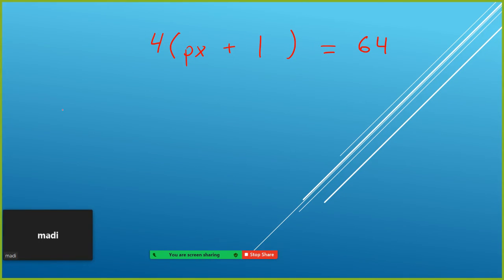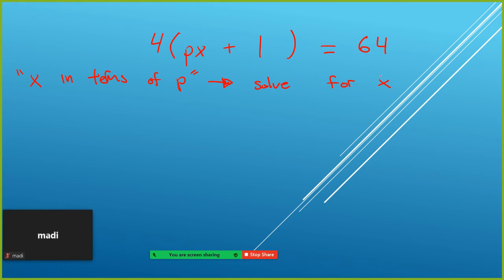Okay, thank you. So what they mean by the value of x in terms of p is solve for x. I'm going to write that down here: solve for x.